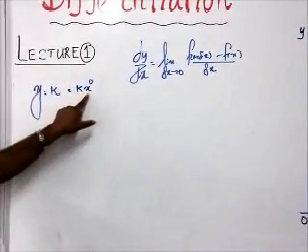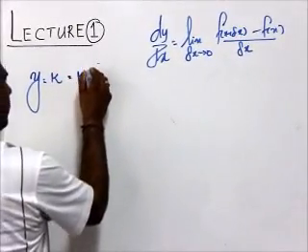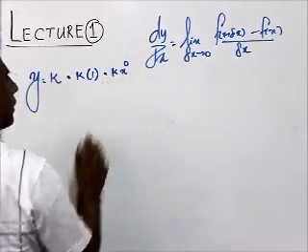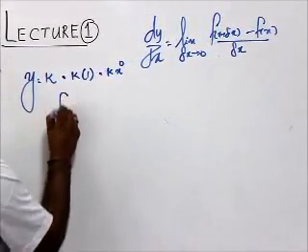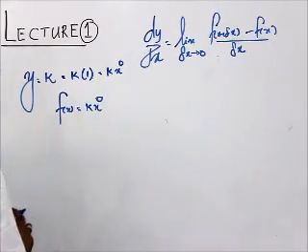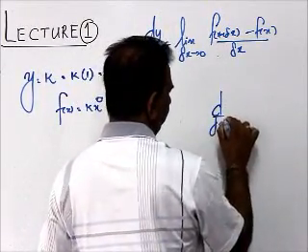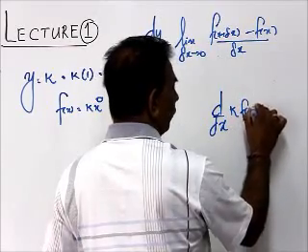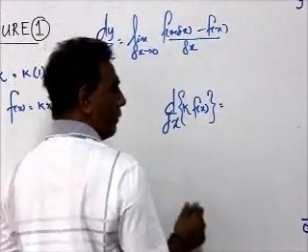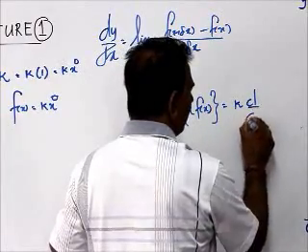So k is equal to k into 1. In place of 1, we can write k into x to the power naught. So f of x is k x to the power naught. And the other formula: d by dx of k f of x, the proof of which came from limits, you can write as k d by dx of f of x.